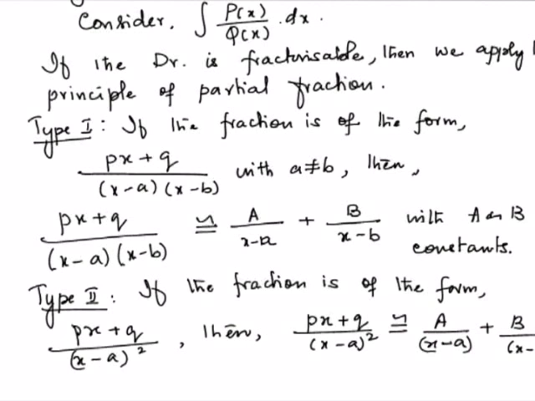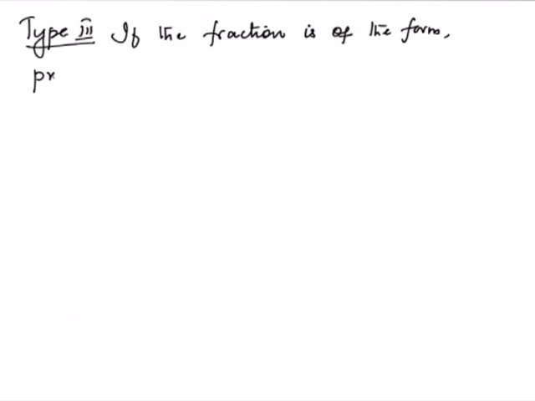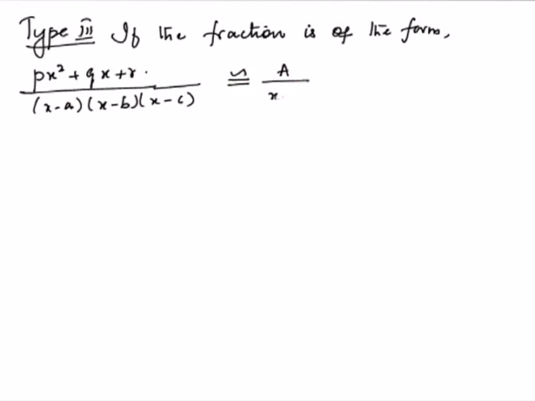Now type 3 is, if the fraction is of the form px squared plus qx plus r divided by x minus a into x minus b into x minus c, then it is an extension of type 1 only. We can split it up as A by x minus a plus B by x minus b plus C by x minus c.